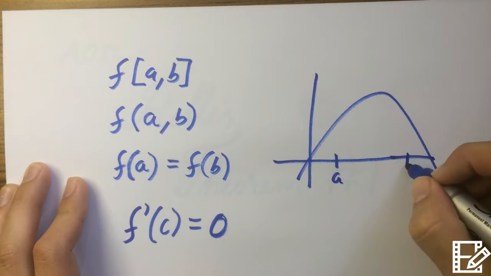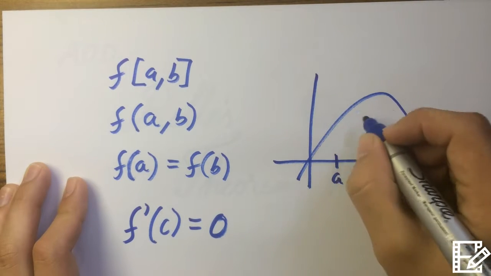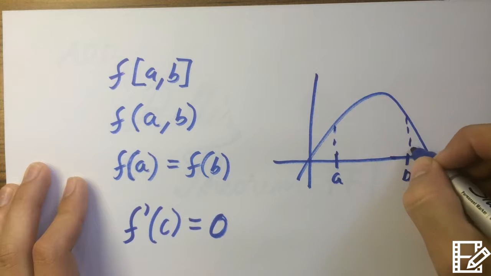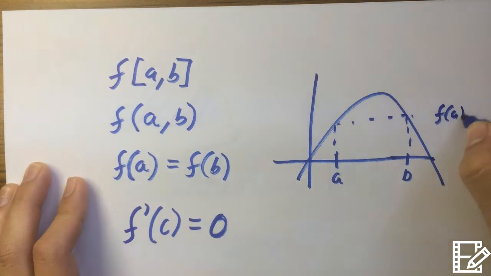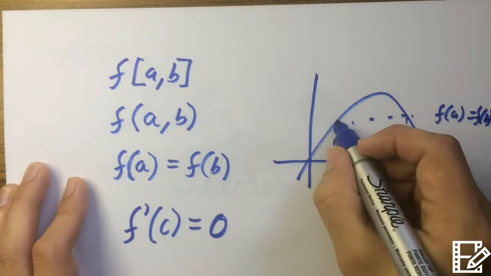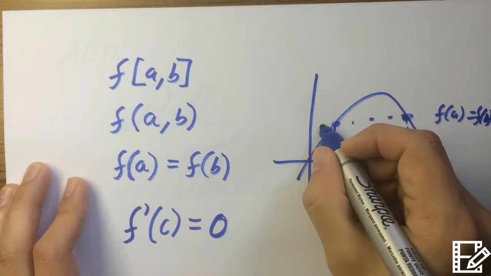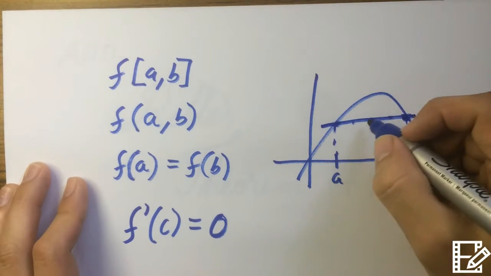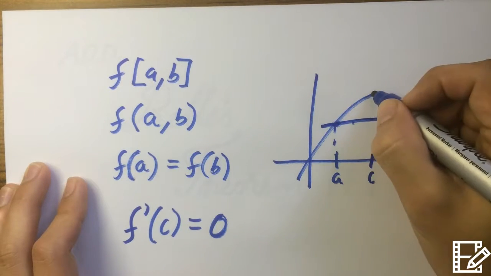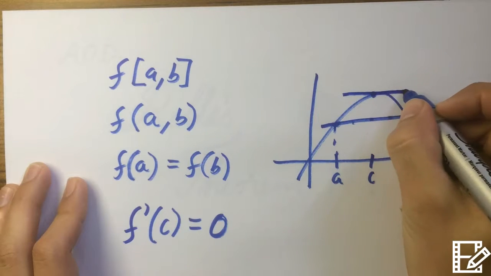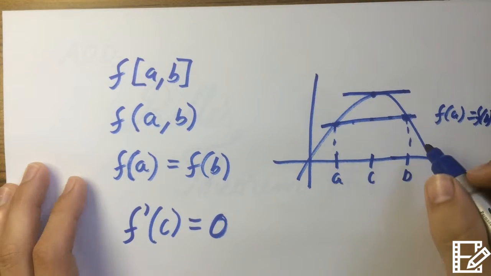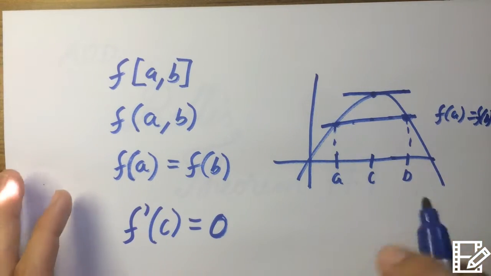That would be a, that would be b, they go like that. They're the same height, therefore f of a equals f of b. And that secant line passes through these two points. We look for a point, C, somewhere around here, where the slope at this point is parallel to this. Okay, so that's what we're looking for.